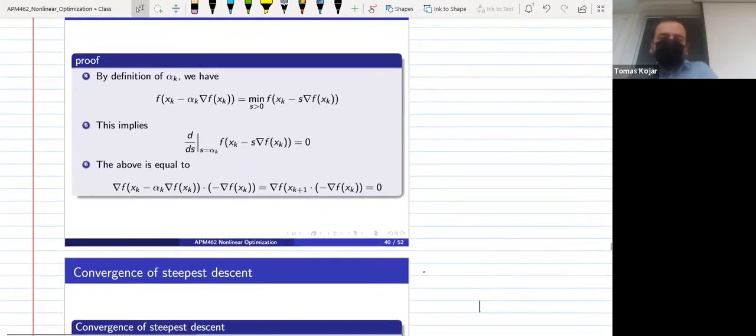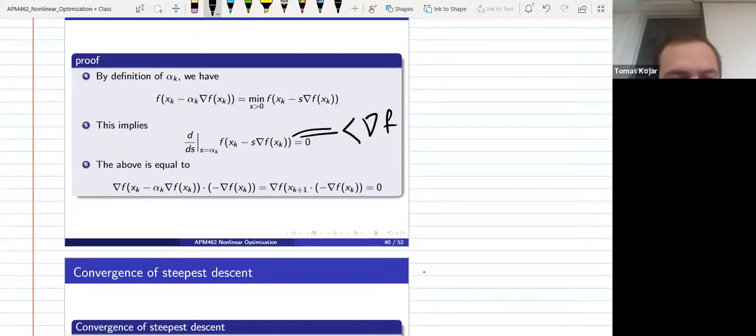Okay, so let's analyze this. What does it say? Again, from the first week, this is equal to the inner product of the gradient of f at x_k minus a_k gradient of f of x_k.